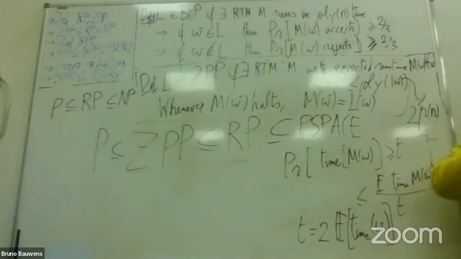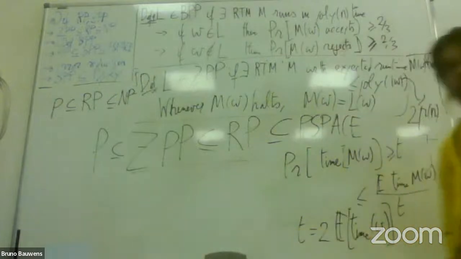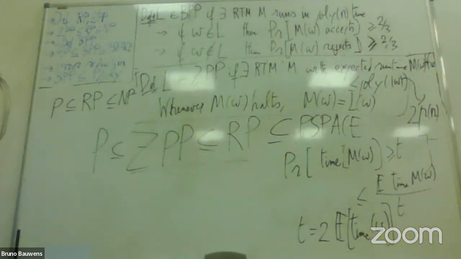But this was an unrealistically strong class because it contains NP. So it is probably an exercise in the seminar. I forgot if I added this, but if I didn't, you can think about why.